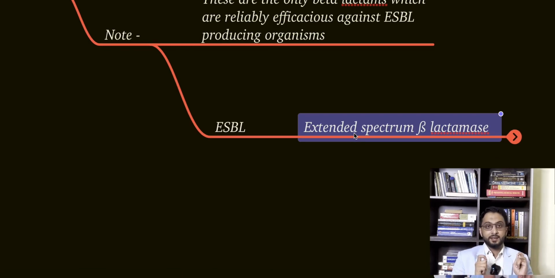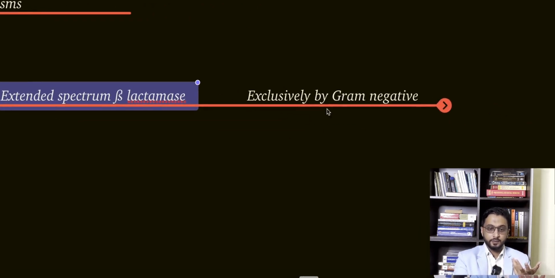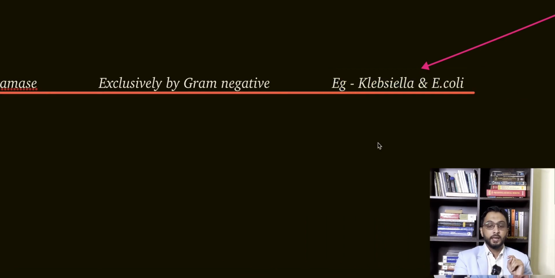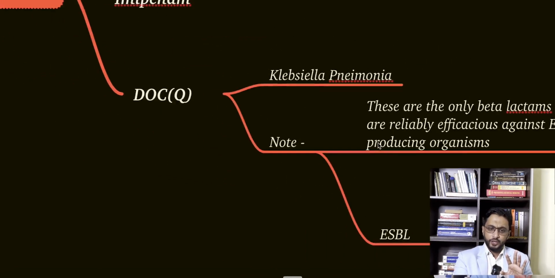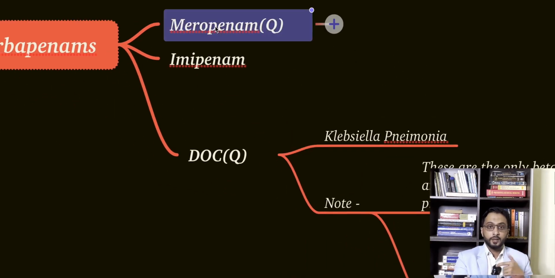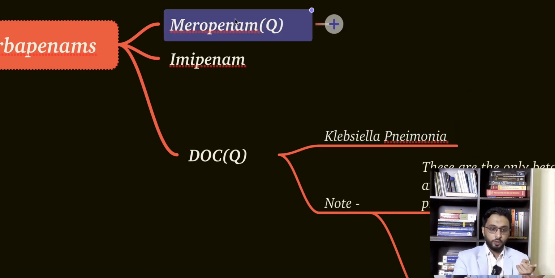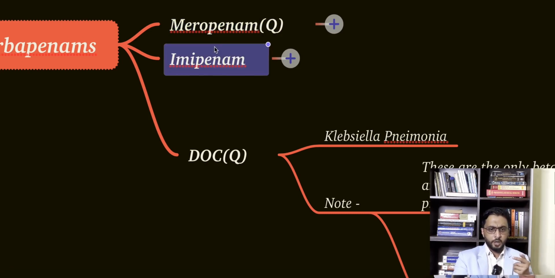ESBL producing organisms are exclusively gram-negative. Remember microbiology, the two gram-negative organisms we studied are Klebsiella and E. coli, of which Klebsiella. Hope you got the connection now: meropenem and Klebsiella pneumoniae. Why? Because these are ESBL producing organisms against which the only effective beta-lactam antibiotics are meropenem or imipenem. In the option it was meropenem.